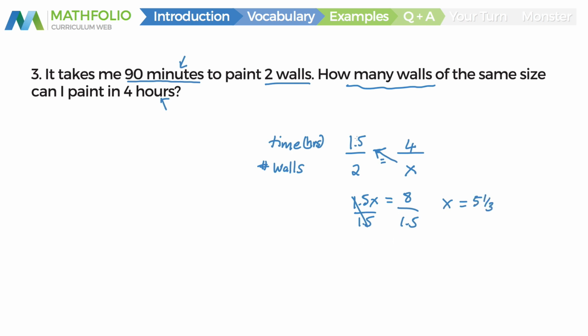So the answer would be how many walls of the same size. So you can paint 5 1/3 walls, really of the same size, in 4 hours. And that's our third Q&A.